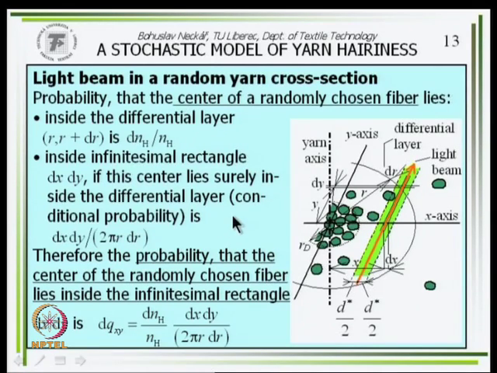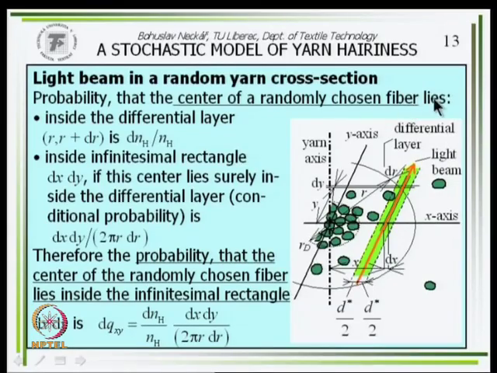Well, what is the probability that the center of a randomly chosen fiber, sometimes for shortening I say the fiber, I mean the center of the fiber section at this moment, lies inside the differential layer from Ri to Ri plus dr, in this differential annulus? Okay?